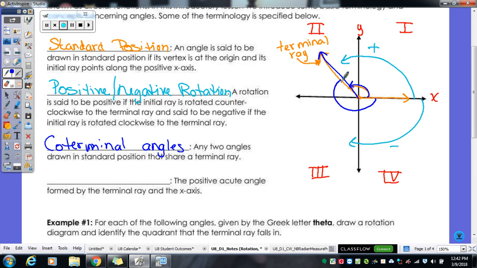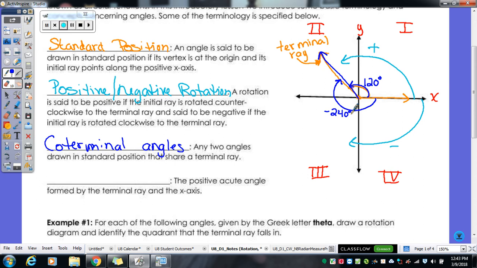Your coterminal angle would come around that way, and they share that terminal side. So this one would be a positive, let's say for example, 120 degrees. Its coterminal would be a negative 240. It comes around the other way and meets and shares that terminal side.